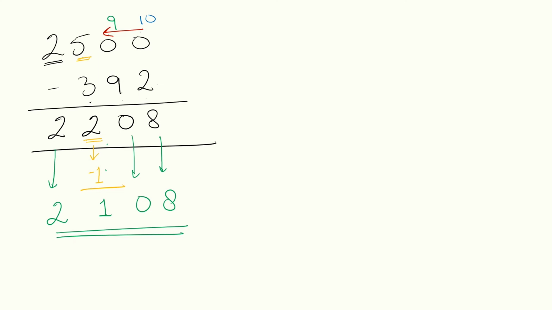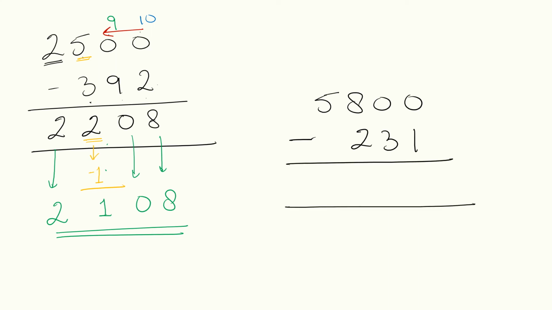Let's take one more example. Let's say we have to subtract 231 from 5800. So the first rule is all from 9, last from 10, which will give us 9, 6.